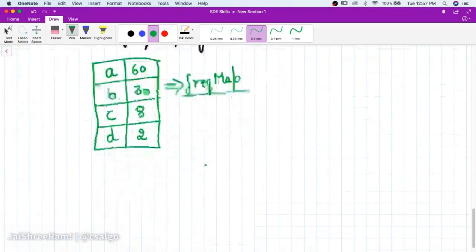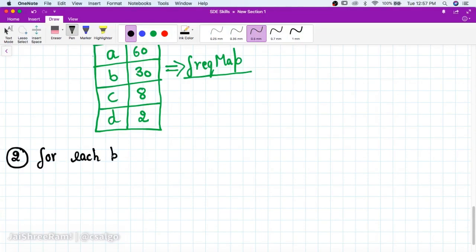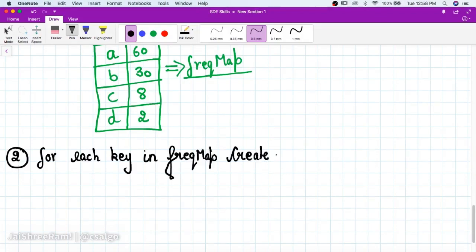Now the second step: for each key in the frequency map, I just need to create a node.